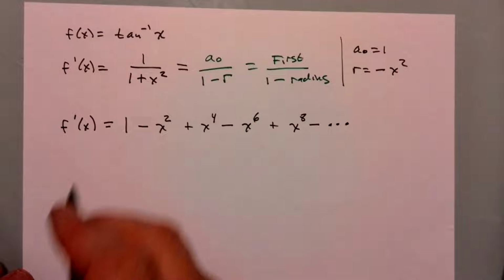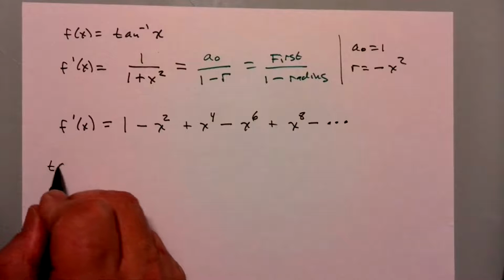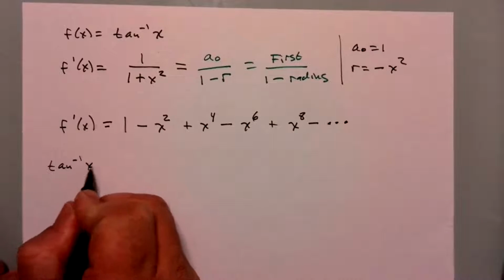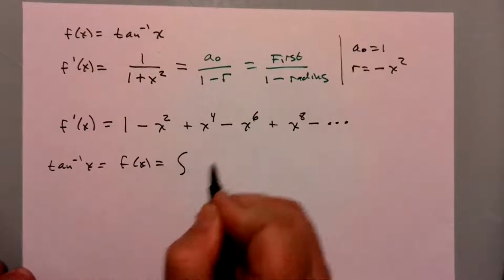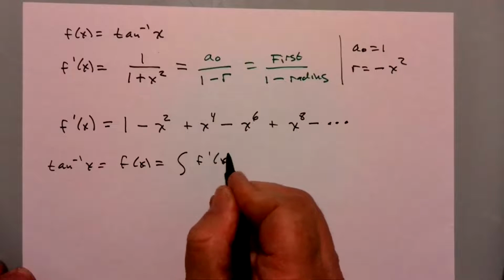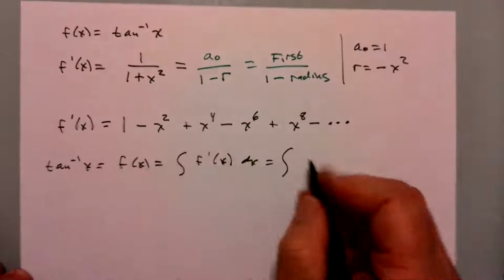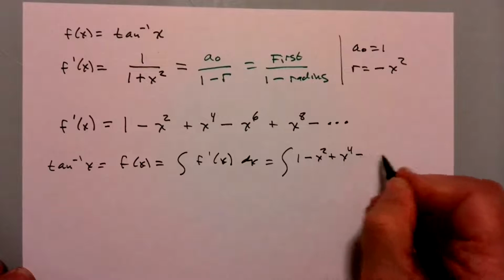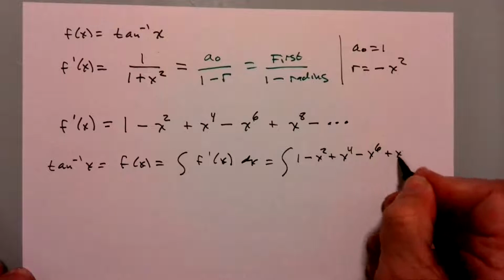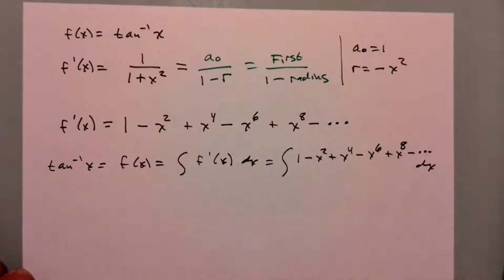So how do I go from f prime to f? So inverse tangent of x is f of x, which is the integral of f prime of x dx, which is the integral of 1 minus x squared plus x to the 4th minus x to the 6th plus x to the 8th minus dot, dot, dot dx.